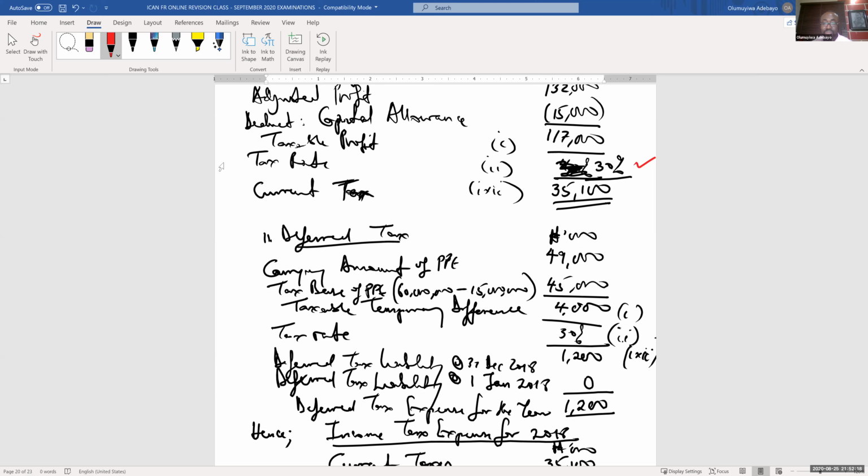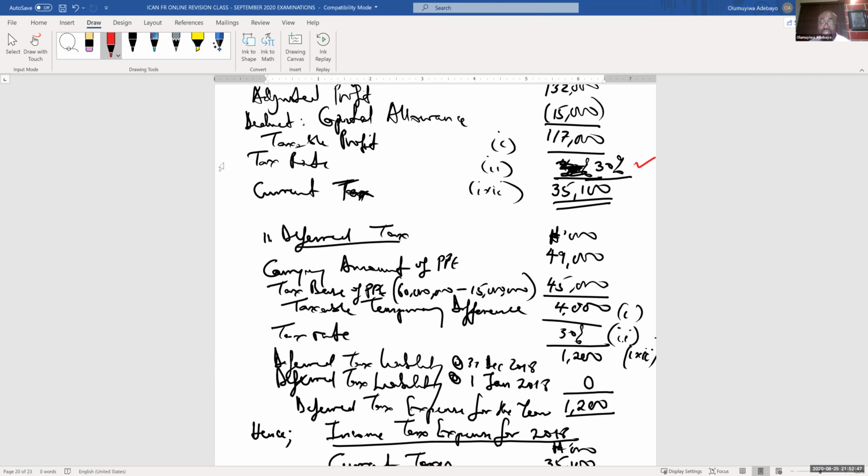That gives us a tax base of 45. So we have a carrying amount of 49 and a tax base of 45, giving us a taxable temporary difference of 4 million. It is taxable because the carrying amount is higher than the tax base. Applying the tax rate of 30%, it gives us a deferred tax liability of 1.2 million.